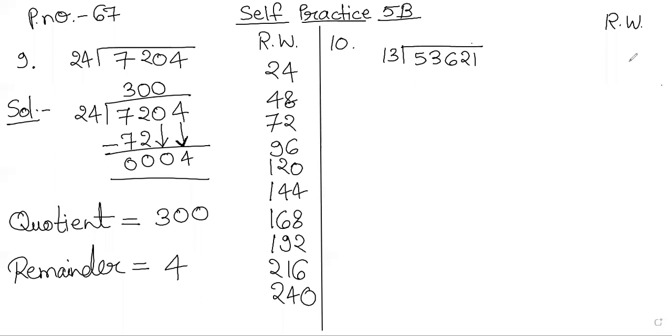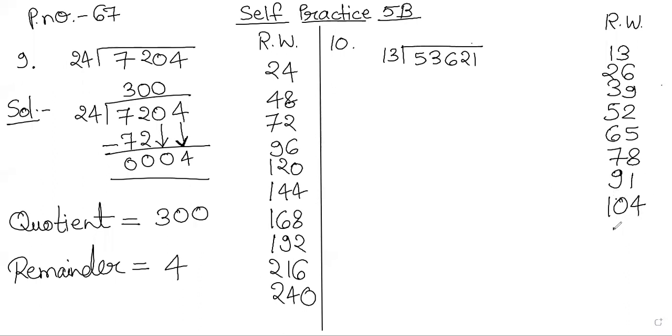In rough work, I am writing the table of 13. 13 ones are 13, 13 twos are 26, 13 threes are 39, 13 fours are 52, 13 fives are 65, 13 sixes are 78, 13 sevens are 91, 13 eights are 104, 13 nines are 117, 13 tens are 130.